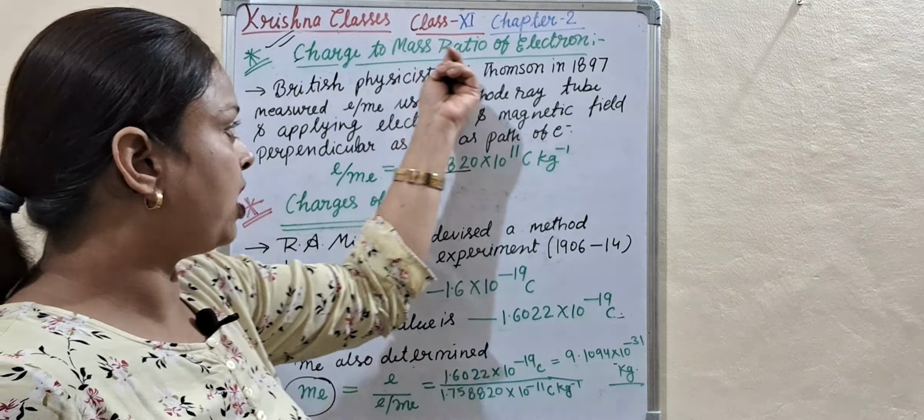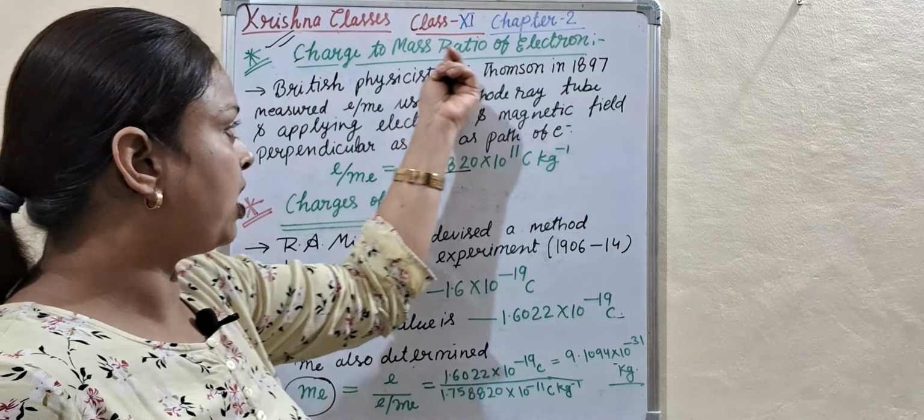Cathode ray tube. And what did he apply? Electrical and magnetic fields. He applied them perpendicular to each other and also along the path of the electron.